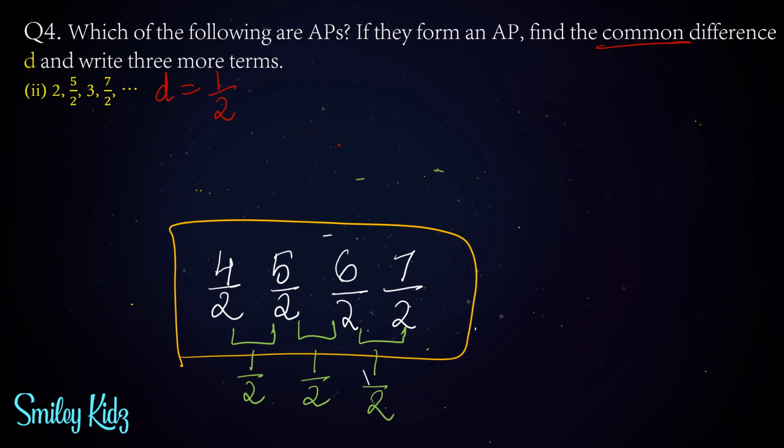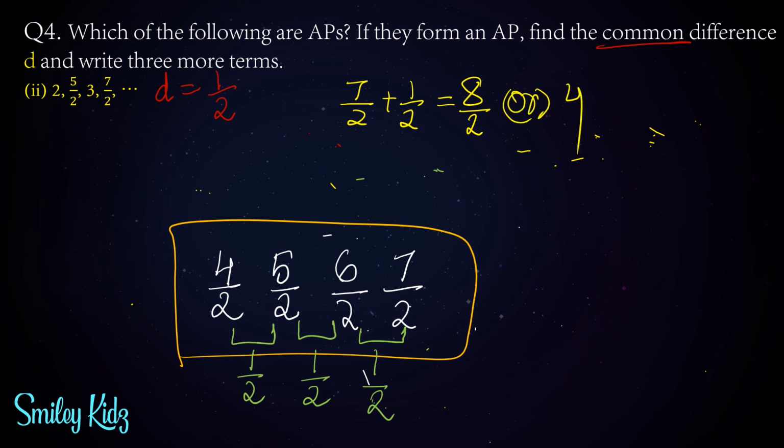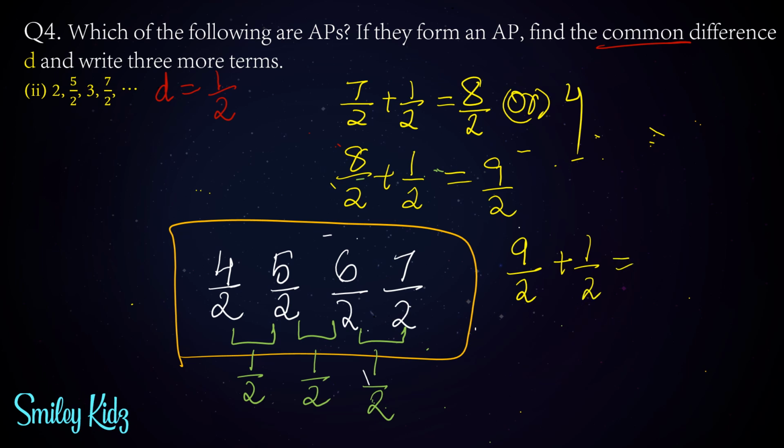The next 3 terms will be very simple. 7 upon 2 plus 1 upon 2 will give you the next term, because our common difference is 1 upon 2, which is 8 upon 2 or 4. Then it will be 8 upon 2 plus 1 upon 2, that is 9 upon 2. Then the third term is 9 upon 2 plus 1 upon 2, that is 10 upon 2, or 5.